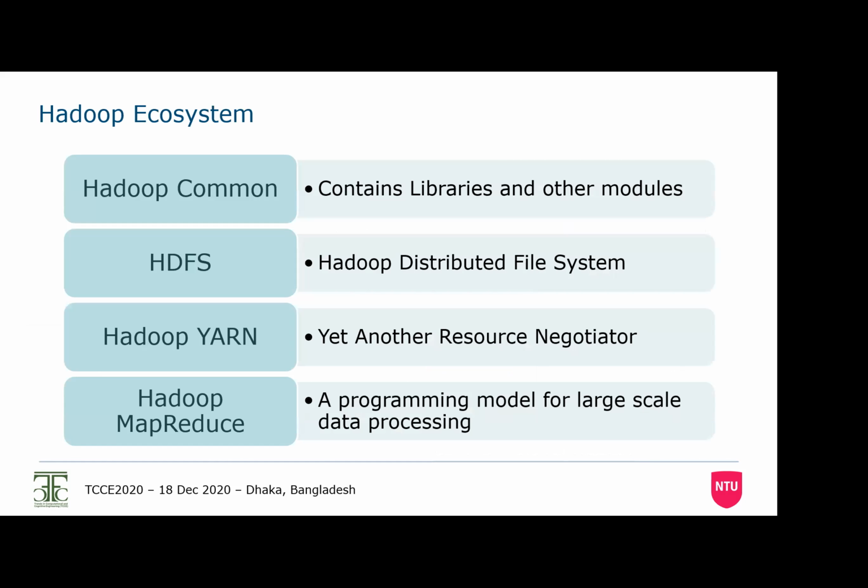This Hadoop ecosystem has 4 specific components. There is Hadoop Common, which contains the libraries and the necessary modules for Hadoop to run. Then there is HDFS, or Hadoop Distributed File System. This distributed file system makes sure that the data is distributed in smaller chunks for each of these commodity hardware to process.